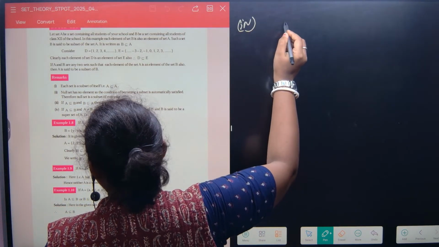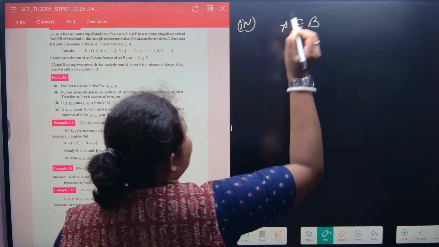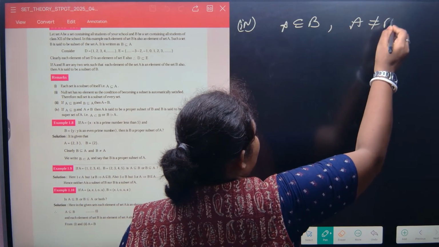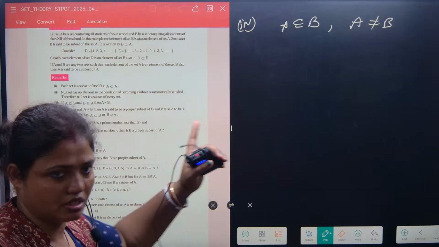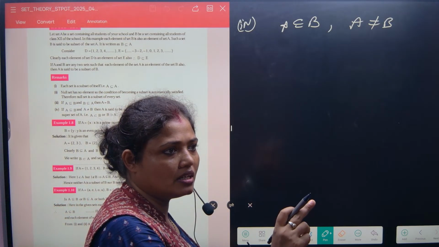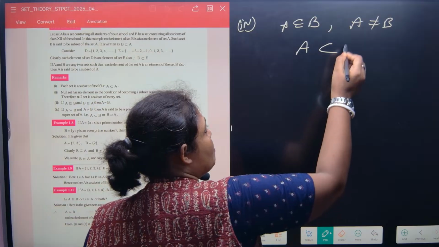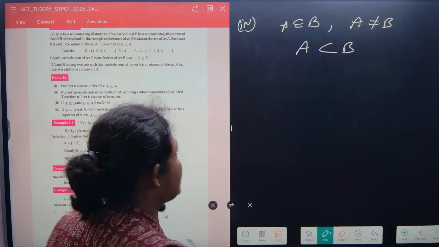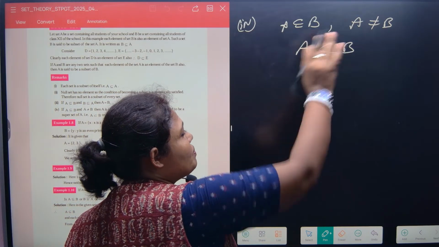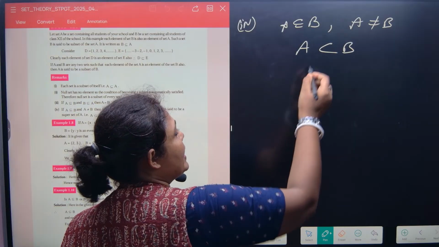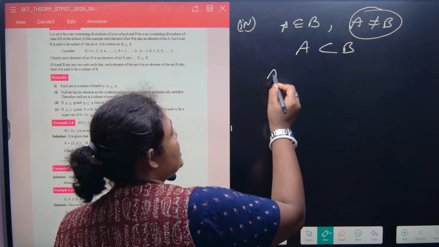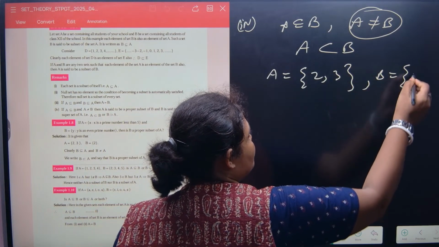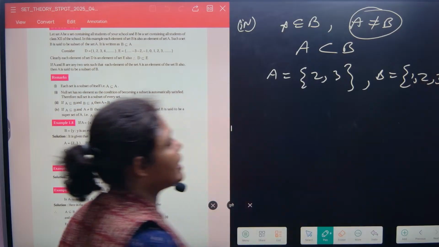Okay, the fourth point. A is a subset of B, right? And A not equal to B. If we have this condition, then A must be a proper subset of B. Then it is called a proper subset. That means A cannot be equal to B. That means we must have fewer elements than B. They cannot be equal.